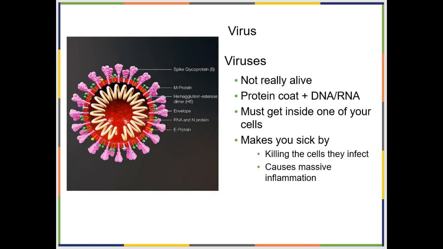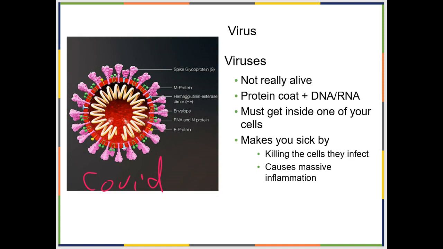A virus doesn't have nearly as many moving parts. Right, so any bacteria has thousands of different proteins floating around in the cytoplasm. You can count on two hands the number of molecules in an individual virus. So this is, I went out and got our friend COVID. This is presumably what COVID-19 looks like.